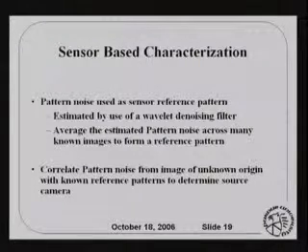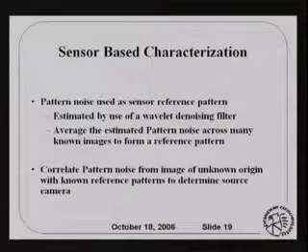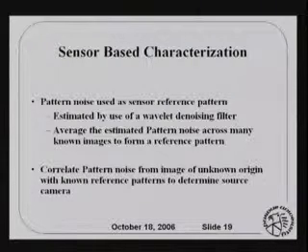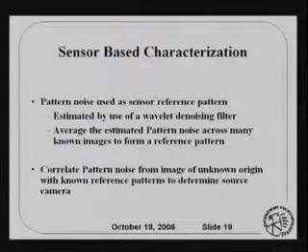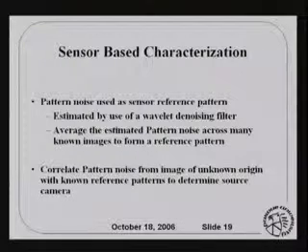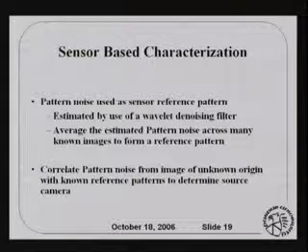What people are doing is, if we average a number of images captured from a single source, we will be left with mostly the pattern noise, which is constant in all the frames. To speed up this process, we can first do the denoising of the image. We'll use certain kinds of denoising filters, and then we'll subtract this denoised image from the original image.